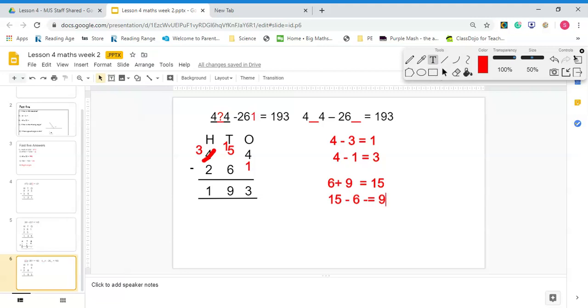We'd also play out the rest of the sum to show that 3 take away 2 equals 1. So at the top here, we can say that 454 minus 261 gives us our value of 193.